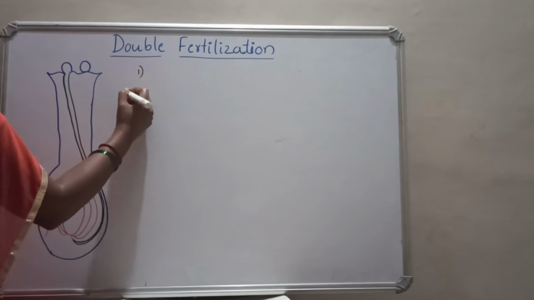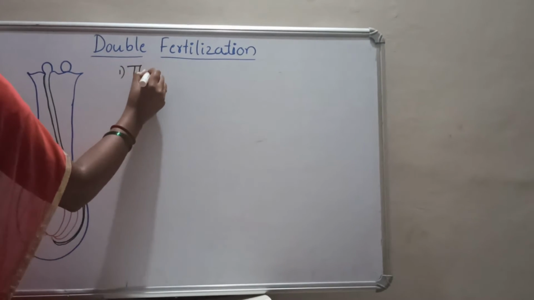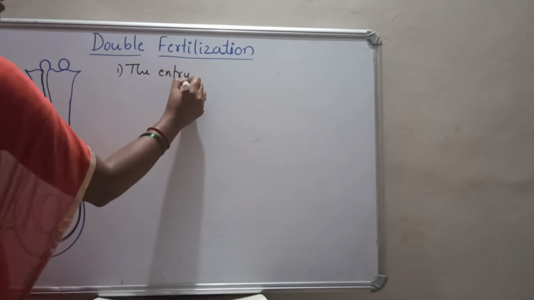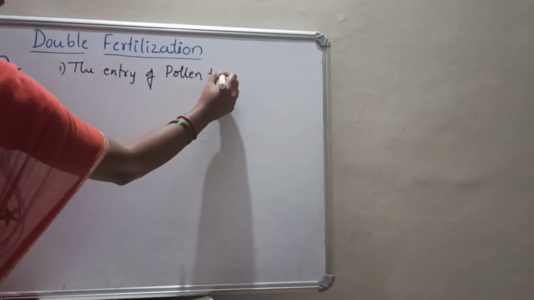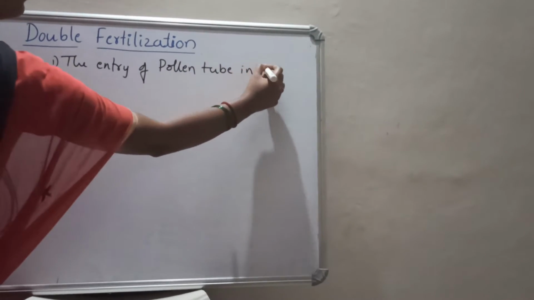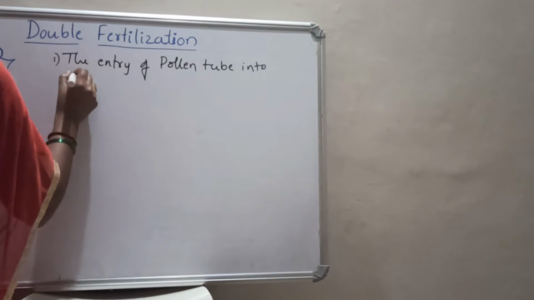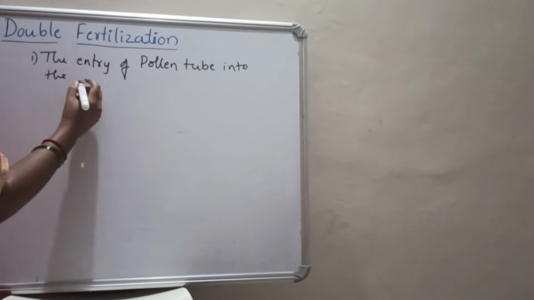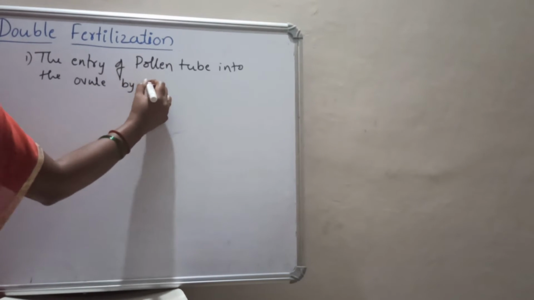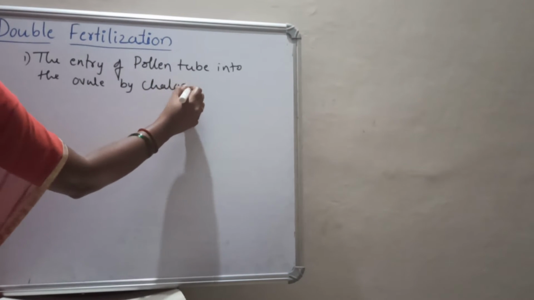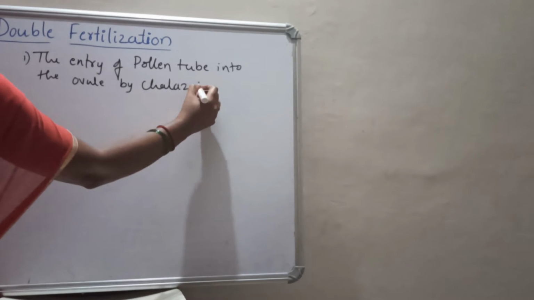The first possibility is the entry of the pollen tube into the ovule by the chalazal region.